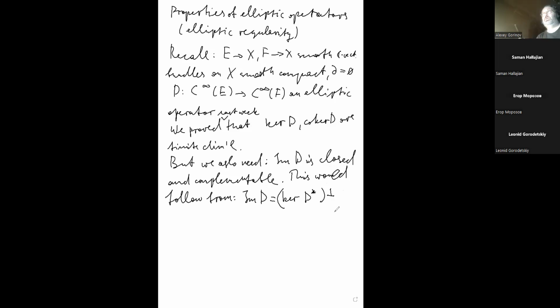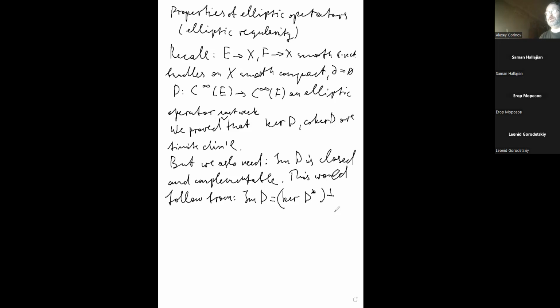And this would follow if we managed to prove that the image is the orthogonal complement of the kernel, in the L2 metric, which we defined on the sections using a volume form.